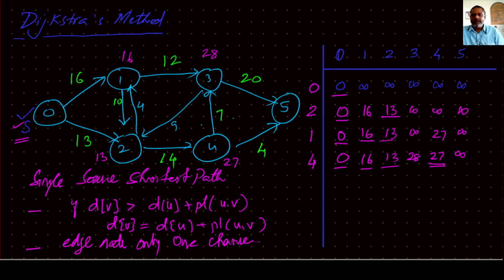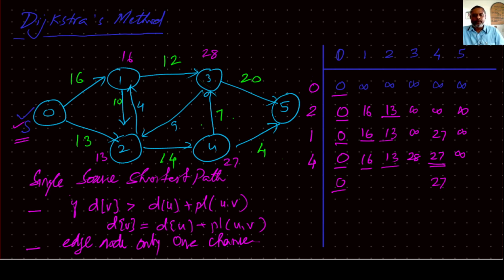So no meaning in using this new path, because it's going to be longer compared to the earlier one, therefore no change. So that's the 16, then we have included 27.